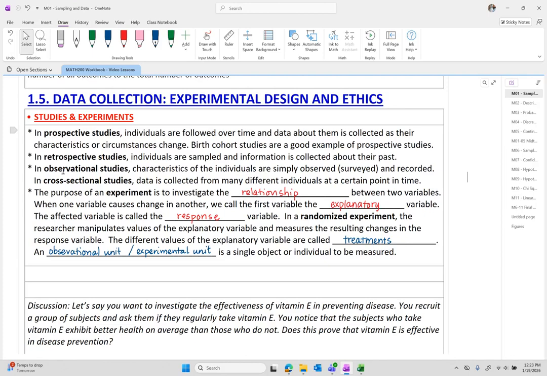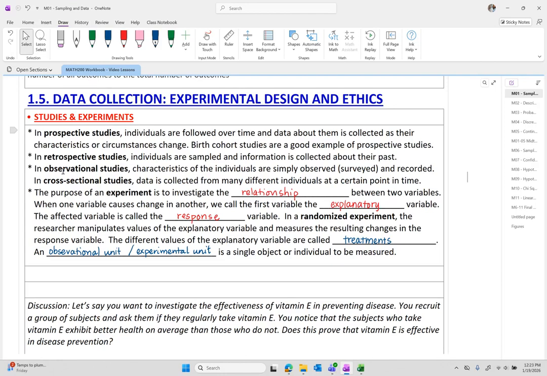When one variable causes change in another variable, we call the first variable the explanatory variable and the second variable the response variable. In a randomized experiment, the researcher manipulates the explanatory variable and measures the resulting changes in the response variable.